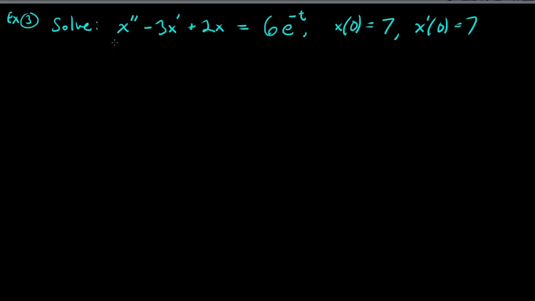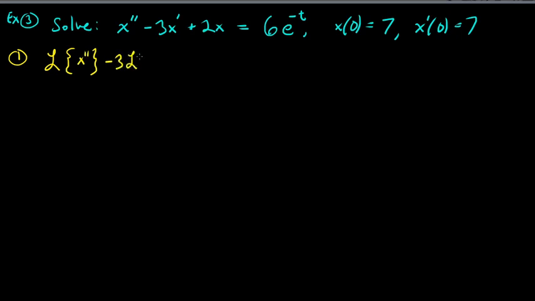And so we've done these before, but now we're going to use Laplace transforms to solve it. Let's see how it works. So step one, take the Laplace transform of both sides. So x double prime, and because it's linear, we can split it up.